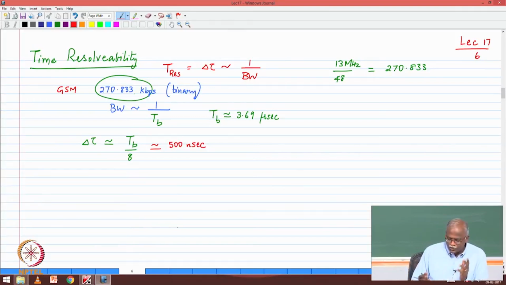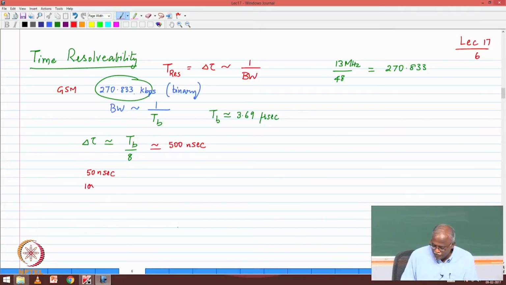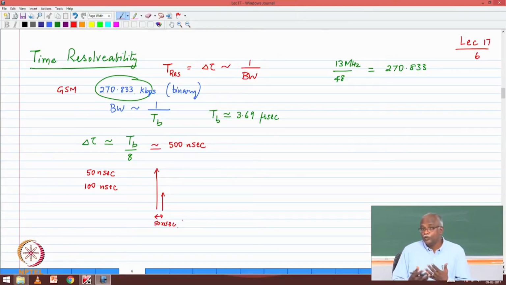I cannot differentiate them. So if there is a multipath component that arrives with a delay of 50 nanoseconds, and another multipath which arrives with 100 nanoseconds, maybe I draw it in this fashion, there are two multipath components which are approximately 50 nanoseconds apart. When I do my processing with a GSM system, I cannot resolve these two.